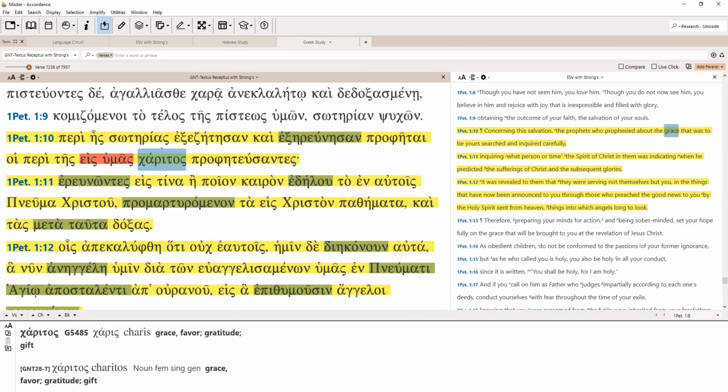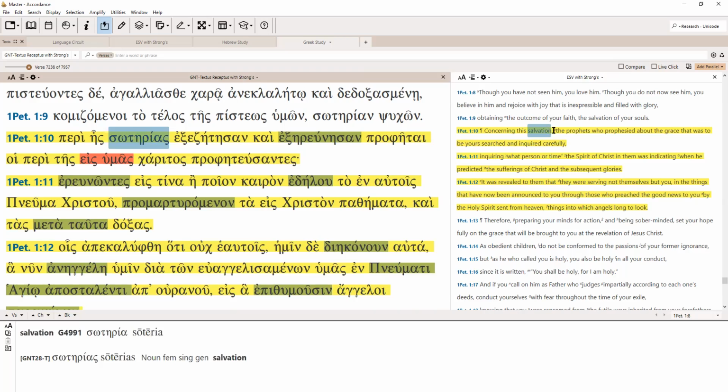Okay, so we have: concerning this salvation, the prophets who prophesied about the grace that was to be yours searched and inquired carefully. We can see that carefully was translated for the ex- here, to search thoroughly or to find thoroughly.